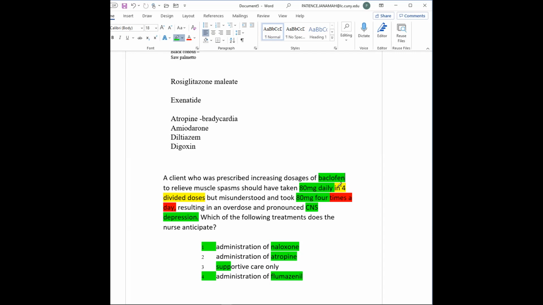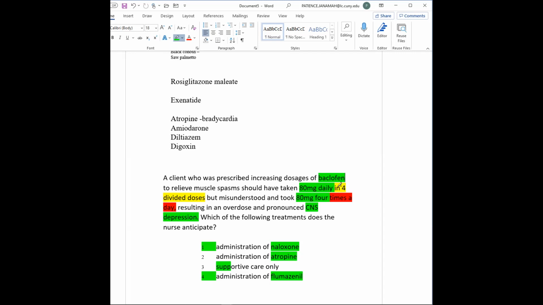So if it's used to slow down the heart rate, why would I even give it with central nervous system depression? Flumazenil, I know it's a benzodiazepine reversal medication, an antidote for benzodiazepines. So why would I give it if the patient has already developed a complication from the medication? And that complication is central nervous system depression.